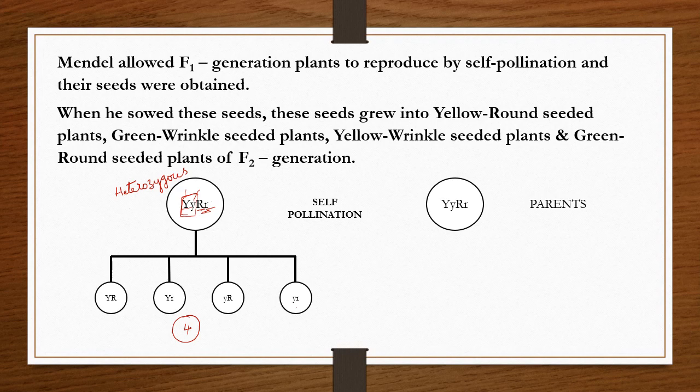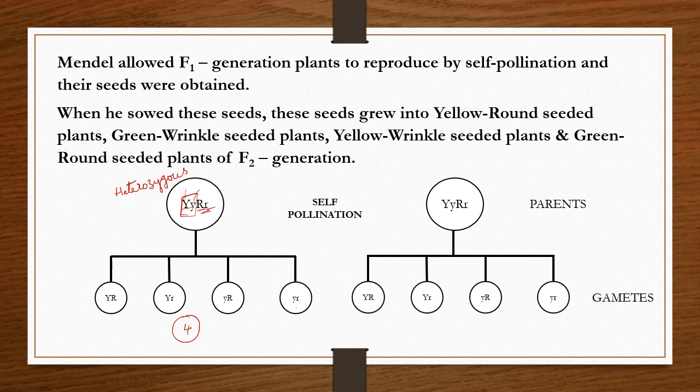Similarly, the other plant also produces four types of gametes. Now all these four types of gametes undergo fertilization, which we can show in the Punnett square.